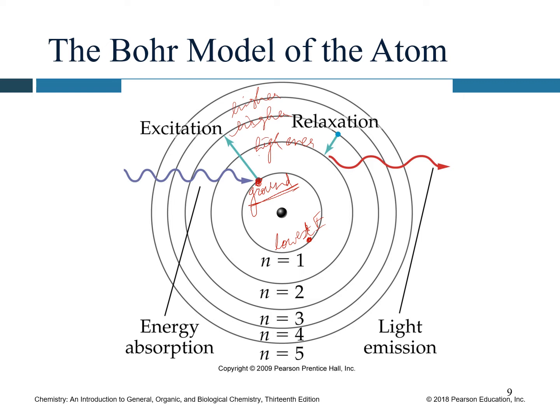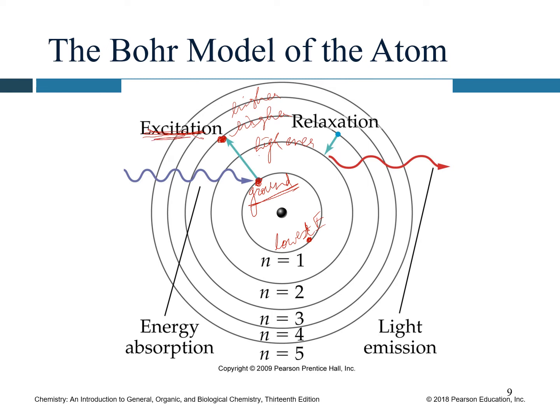It would absorb this energy, have excess energy, get excited and jump out of its original energy level to a different energy level. When the electron is outside of its own energy level, it is called an excited electron, or the electron is in an excited state.